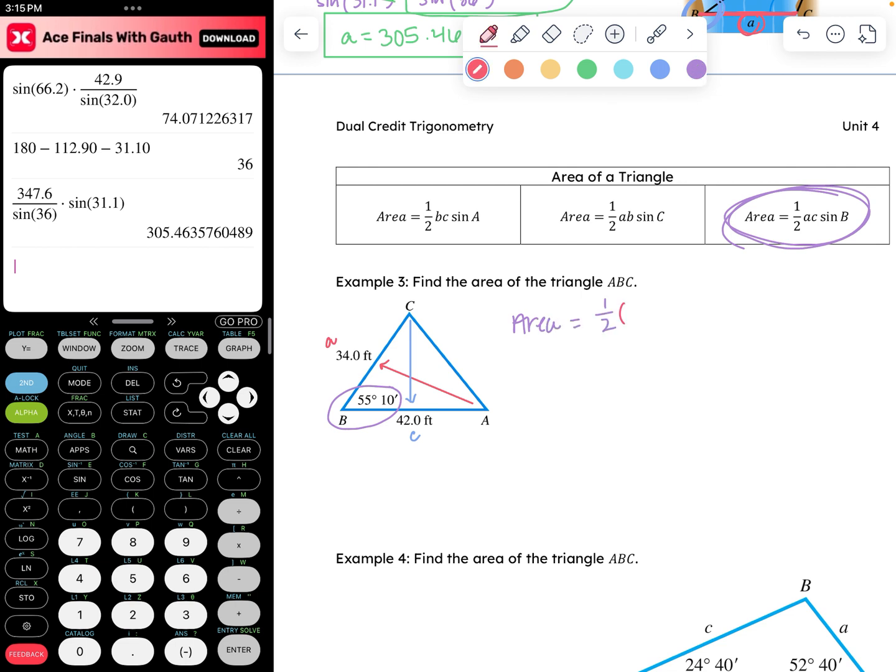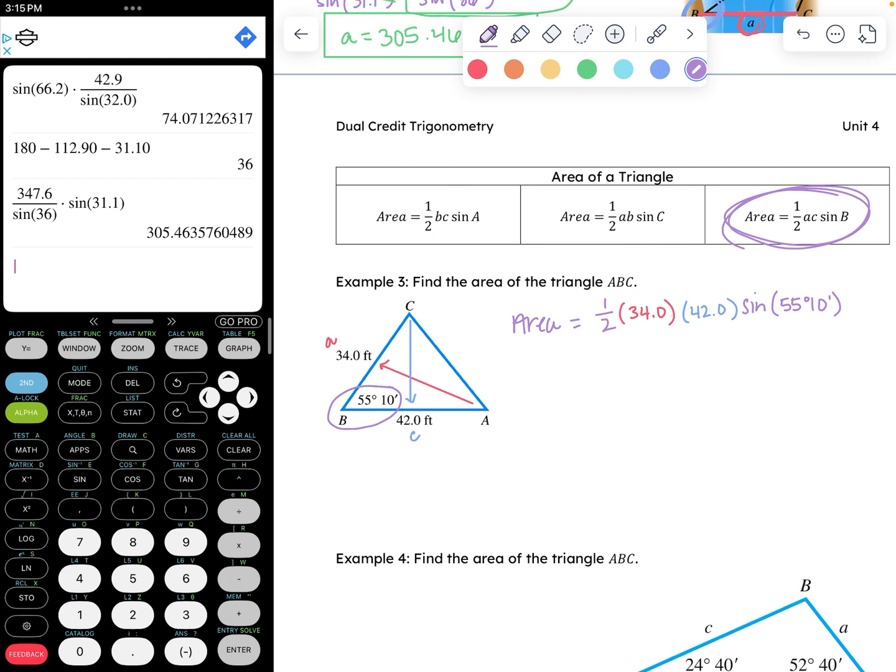Well, my side A was that 34.0. My side C was the 42.0. And then I would take the sine of angle B, which is 55 degrees and 10 minutes. Okay, remember we talked about degrees, minutes, and seconds, like super early on in the semester. But also remember your calculator can do that for you.